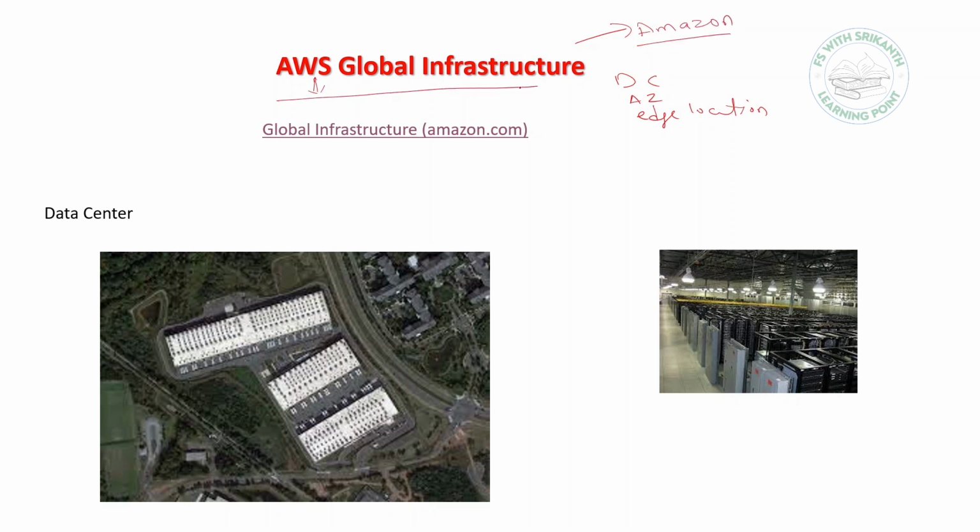AWS global infrastructure refers to the extensive network of data centers and regions established by AWS across the world. It is designed to provide scalable, reliable and secure cloud computing services to customers in various geographical locations.